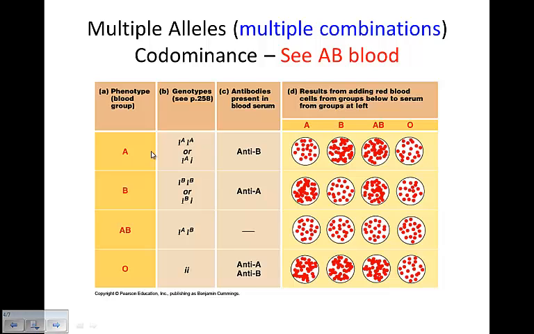A third is no antigen, and that's a recessive allele. That condition is referred to as O blood type. So you can have A, B, AB together, or you can have O, where there's no antigens. Since that is recessive, the stretch of DNA that codes for these proteins has no code for A or B antigen, so neither one of them is made.